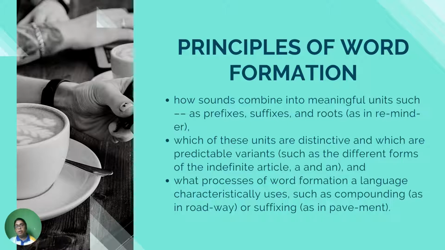So we will also learn further as to why these articles are used in this manner. By the way, we'll also get to learn why the articles a and an correspond to either a consonant or a vowel. And finally, what processes of word formation a language characteristically uses, such as compounding, or basically what I said earlier, a combination of words. Okay? So those are the principles of word formation.